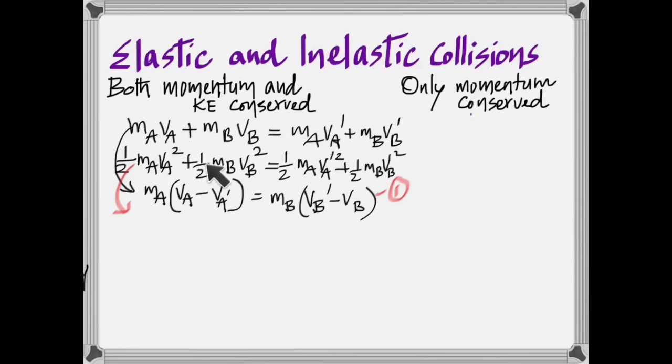And then I'll do the same kind of thing, but can I just cancel these halves out? It'll be okay? Yeah. Okay, I'll do that first. And then I will do the same exact thing. So collect the terms with MA on the left side and the terms with MB on the right side.